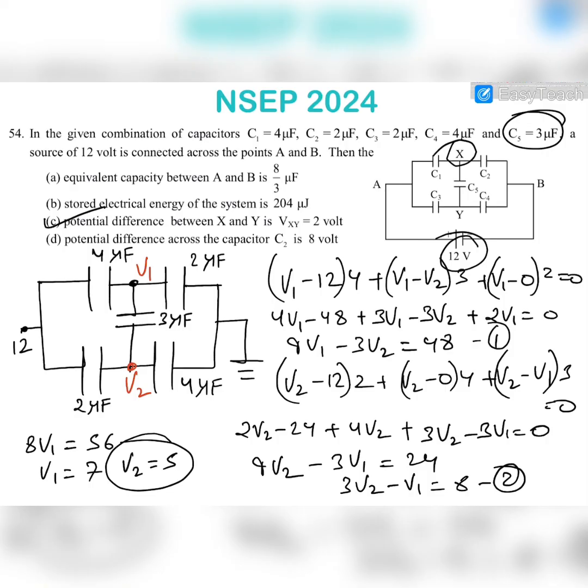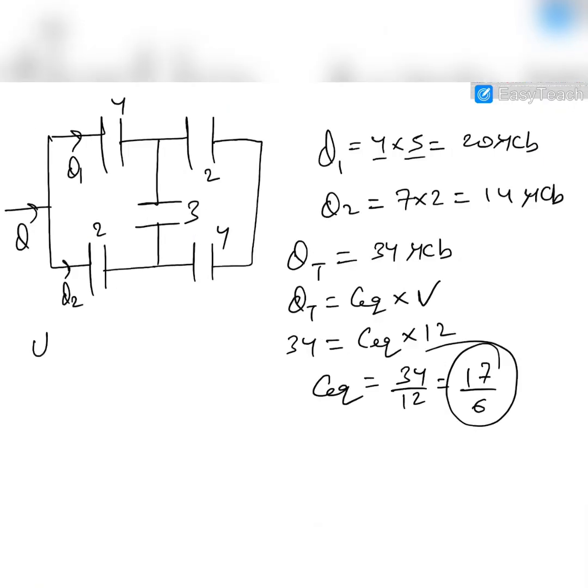Now the energy stored in the electrical system is stated as 204 microjoules. Energy is half C equivalent, which is 17 by 6, into V square, which is 144. So this would be 136 microjoules.